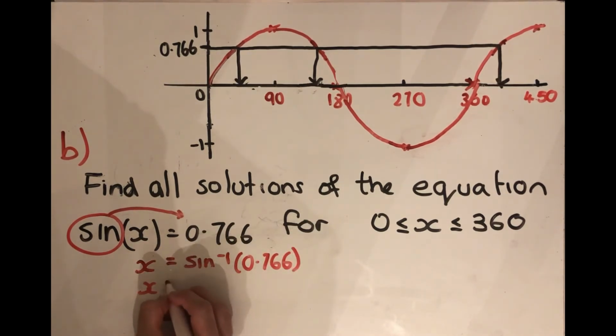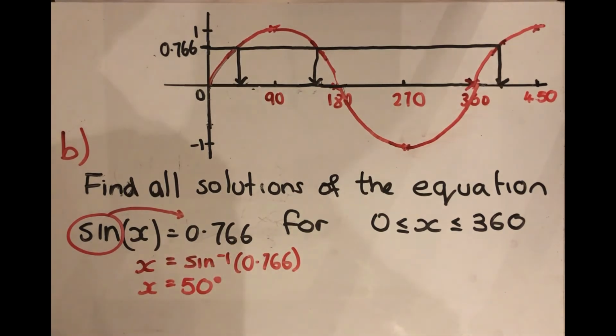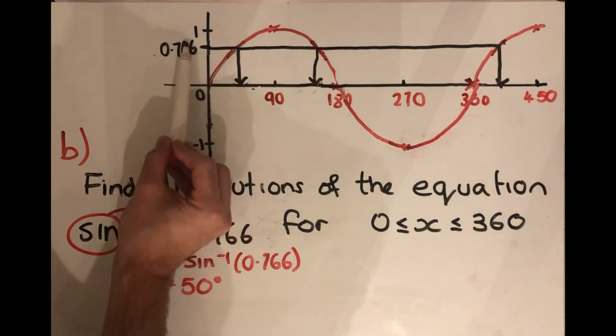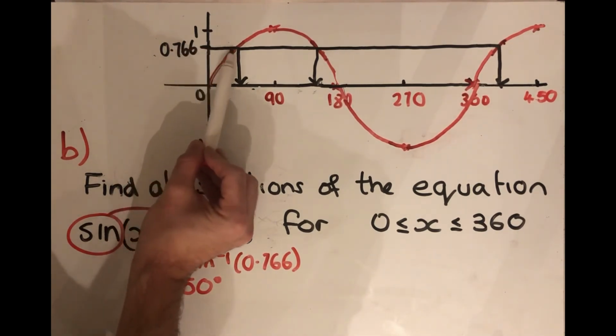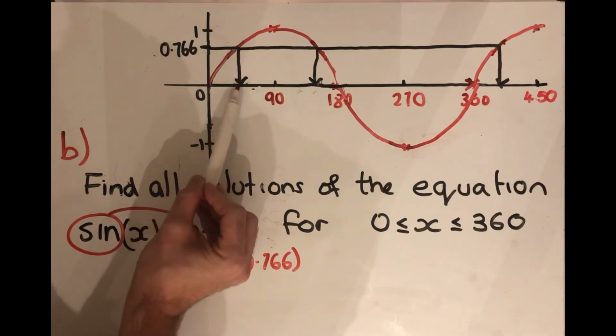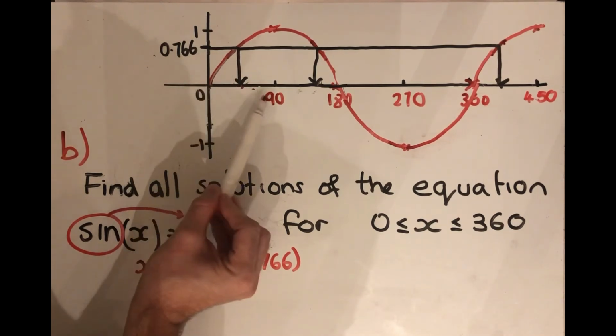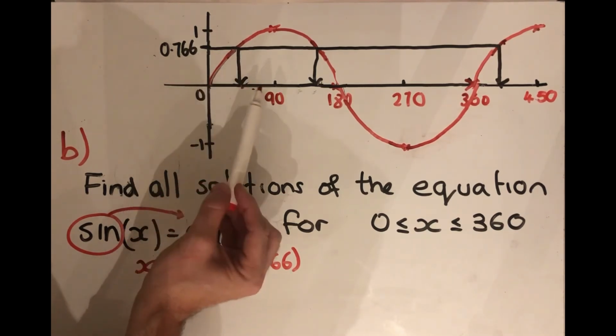And if I put that into my calculator, I get the answer 50 degrees. So I've managed to get an answer to this without even using the graph, just using my algebra skills and my calculator. However, if we go back to the graph, my first answer when I came across from 0.766 was here, roughly halfway between 0 and 90 on my sketch.